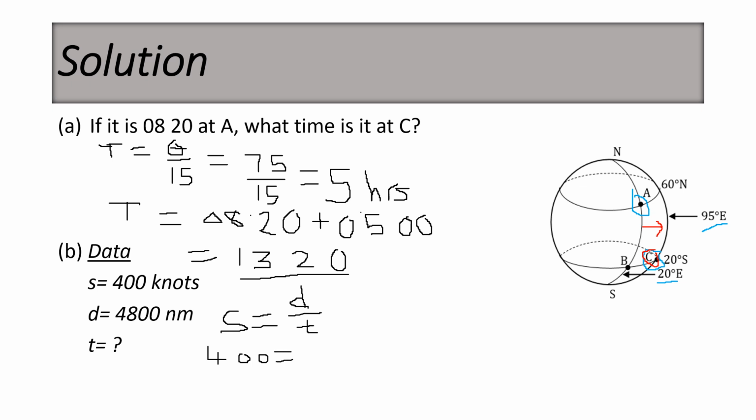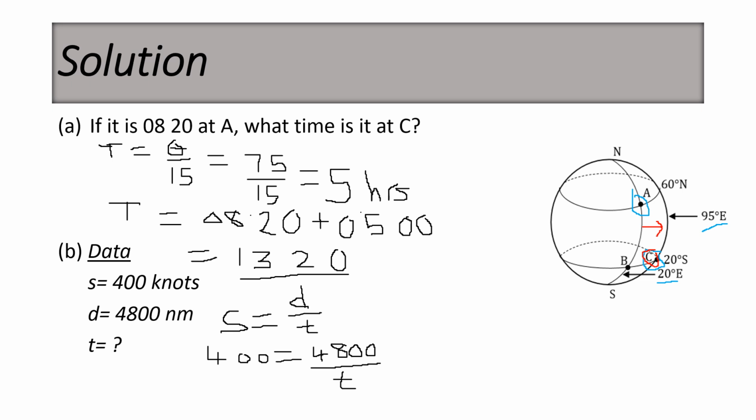Our distance is 4,800 nautical miles. Remember, it is in nautical miles, then over time, where T is time.